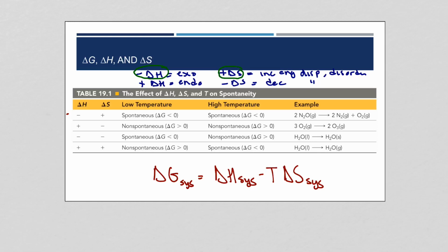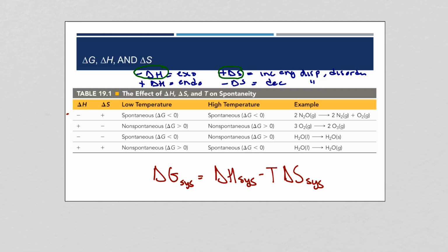So these are like some of the examples we looked at earlier where we had an endothermic process, like melting, but it could still be spontaneous, and vice versa. We could have a process like freezing that decreases disorder, but is still spontaneous. So let's look at a couple examples.